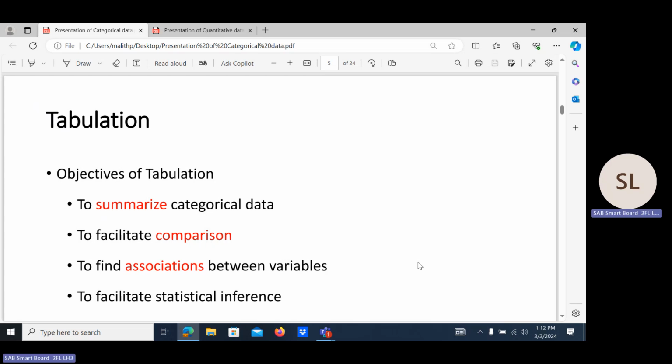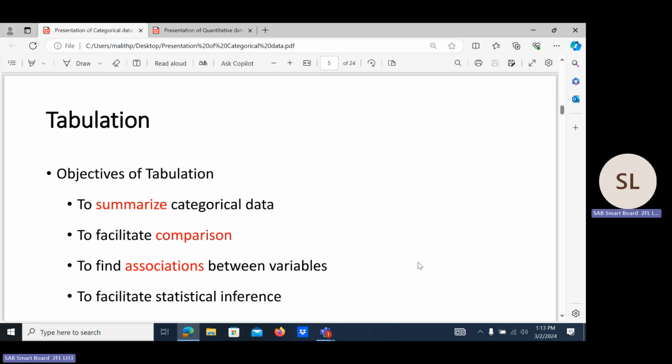To detect the errors and omissions in the data. Normally we write a paragraph using the raw data, and sometimes the same item can be repeated. But using the tabular format, one type of data is represented only one time.